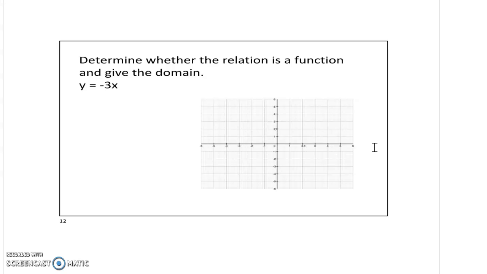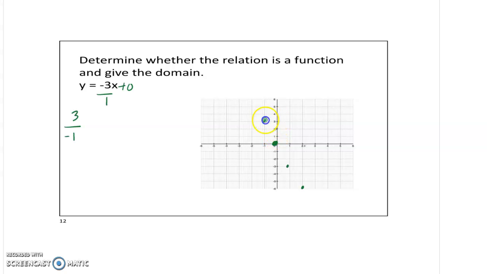All right, so let's graph this and determine whether it's a function or not. So we know how to graph now. This is a +0, so our intercept is 0, 0. This is what we did in chapter 3. My slope is -3/1, so I'll go down 3 and to the right 1, or I can go up 3 and to the left 1.